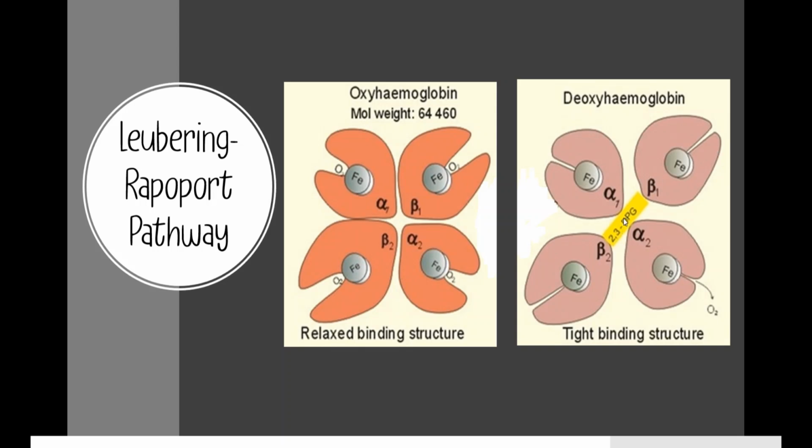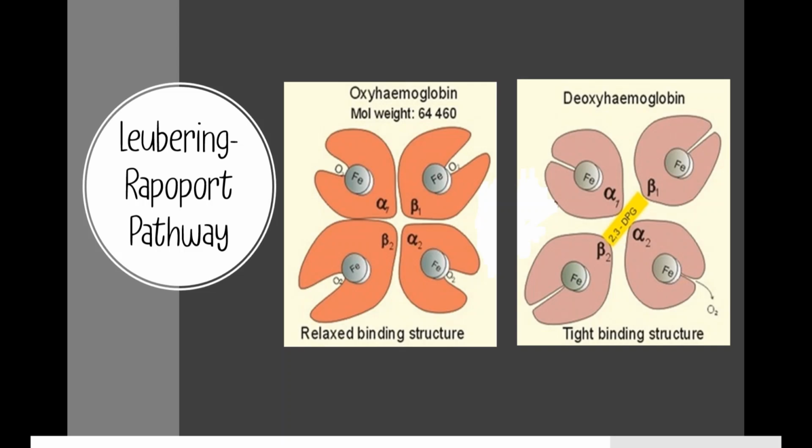The entry of 2,3-DPG, or 2,3-DPG being bound to hemoglobin, allows the release of more oxygen into the tissues. Basically, it's like this. Hemoglobin has high affinity for oxygen. So under normal circumstances, oxygen will diffuse into the cell and will bind with hemoglobin effortlessly. Because of the high affinity of oxygen to hemoglobin, hemoglobin may not release oxygen readily.